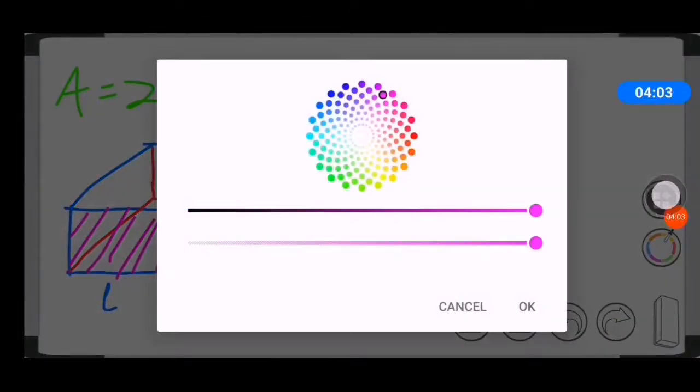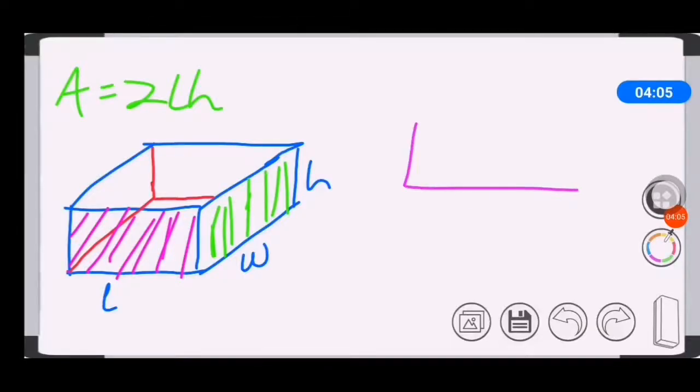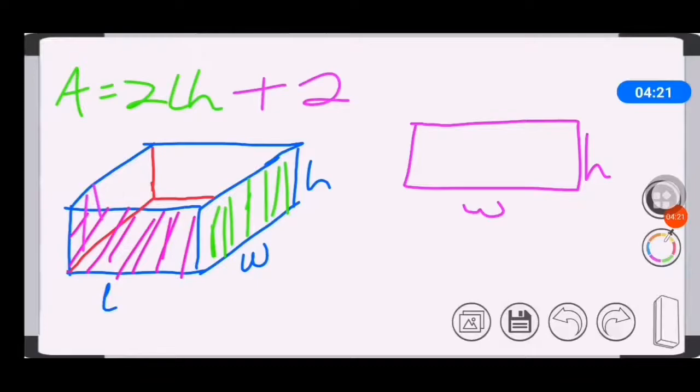We are going to get this shape, which looks like this. And the dimensions are W for the width and H for the height. How many are they? There are 2 of them, because this face is the same as that face here. So we have 2 of the width times the height. Instead of the width, you can use the breadth. It is still allowed. You can use B instead of W.